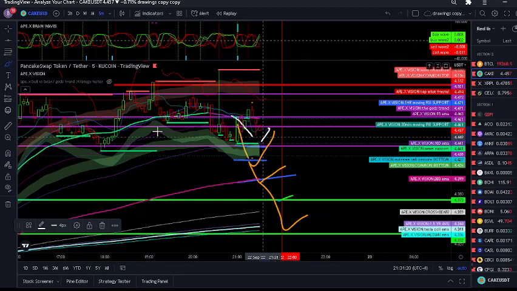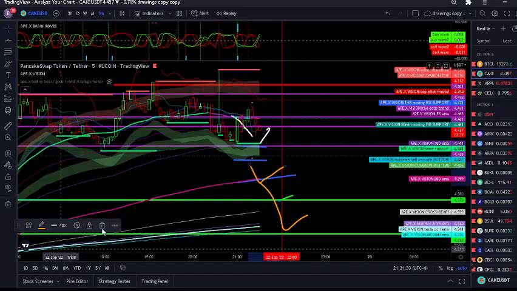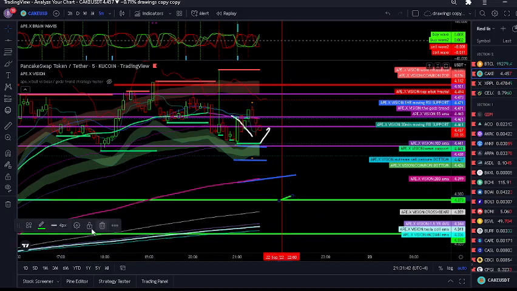So let's get those off the chart so it's a little bit cleaner.